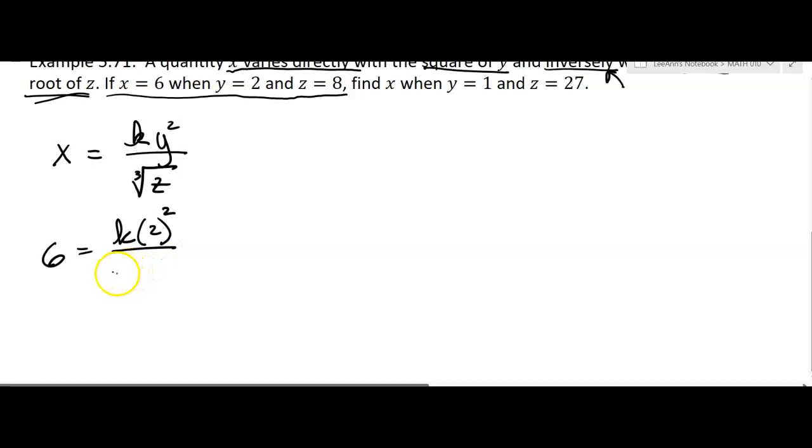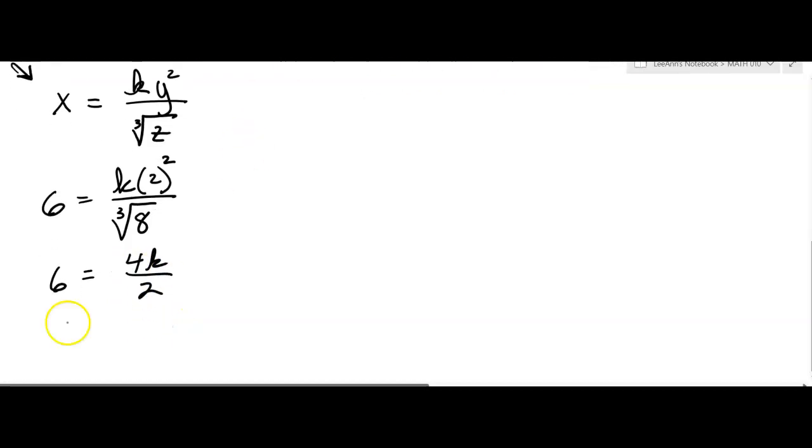And z is 8. So you're following this model that you have, and you're plugging in x, y, and z, and you're going to be able to figure out what k is. So we get 6 equals 4k over 2, or 6 equals 2k, so k must be 3.